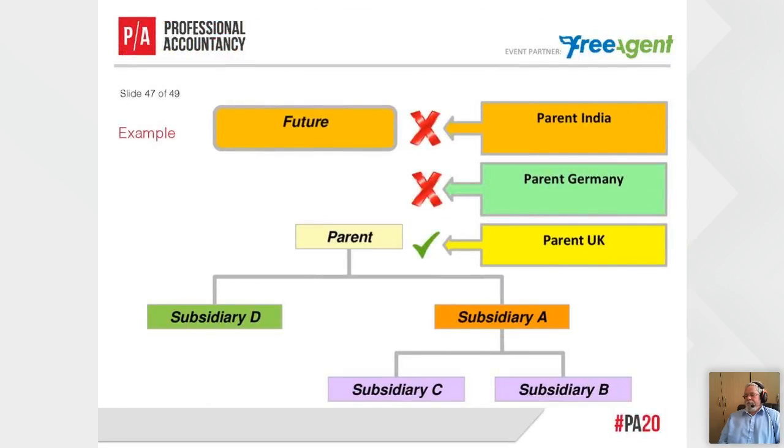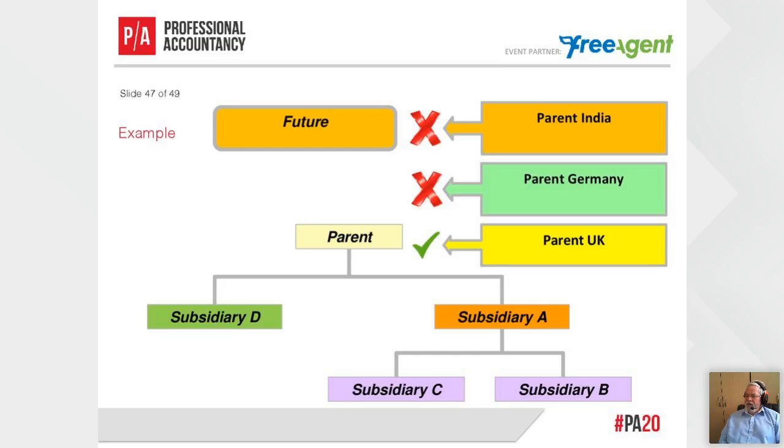But in the future, if that parent is in Germany, then it will not be able to issue the guarantee. So subsidiaries A, B, and C will not be entitled to audit exemption under 479A. And given the circumstances, it may be likely that it's not entitled to audit exemption under section 477 either.